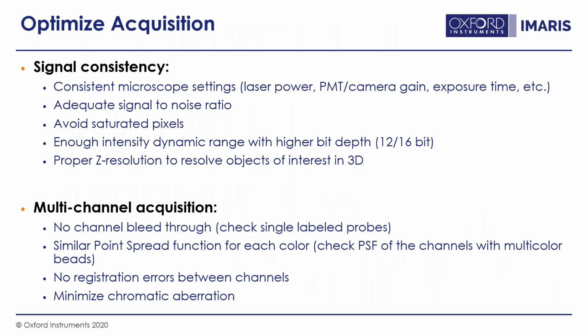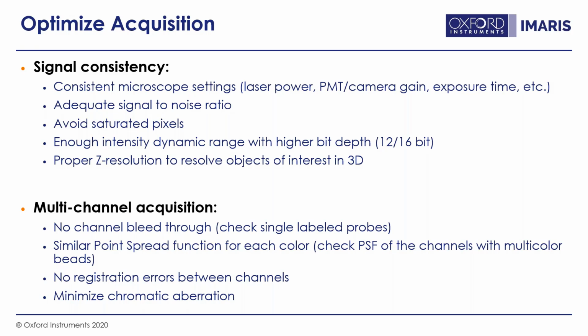So one of the first things that I always ask when people say they want to do co-localization, or they call the support team for help in image analysis in general, is: how well are your images acquired? Do you have the proper parameters and the proper resolution to do the type of analysis that you're trying to do?